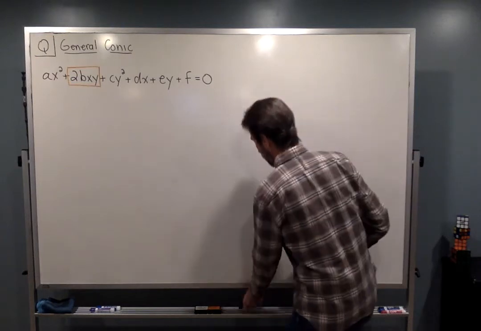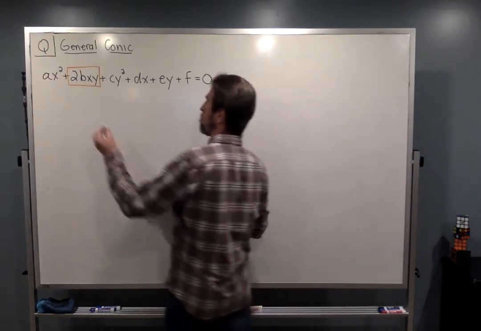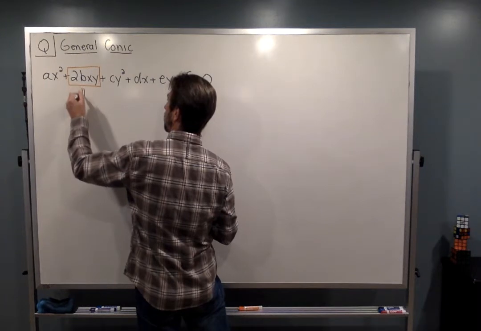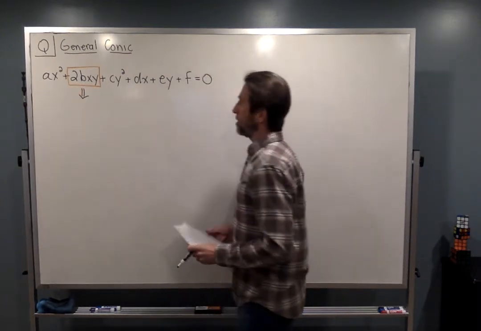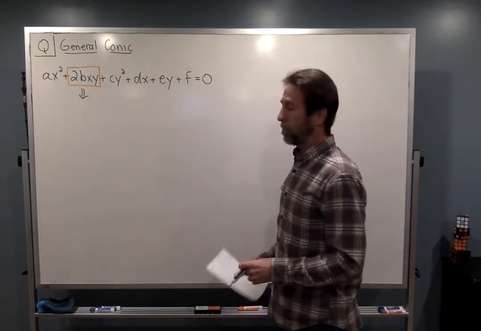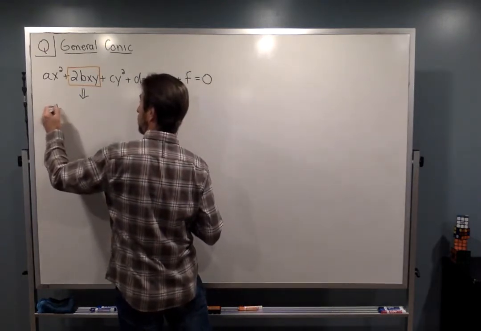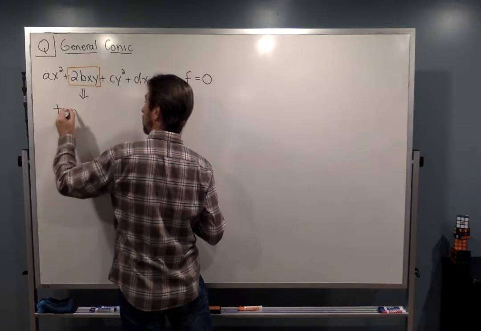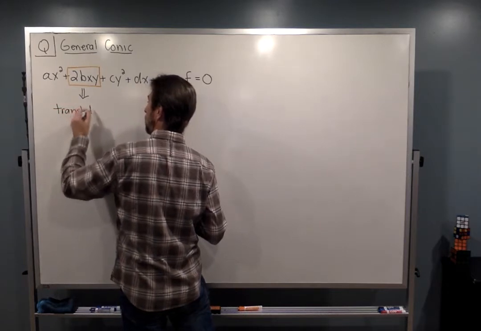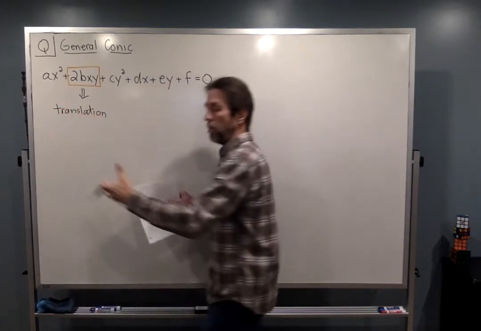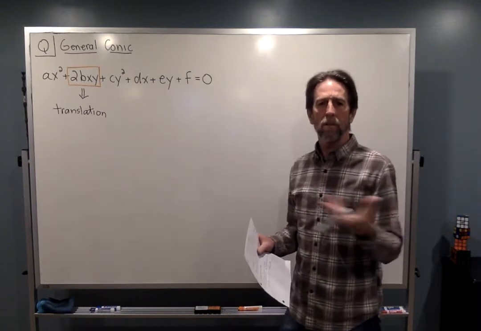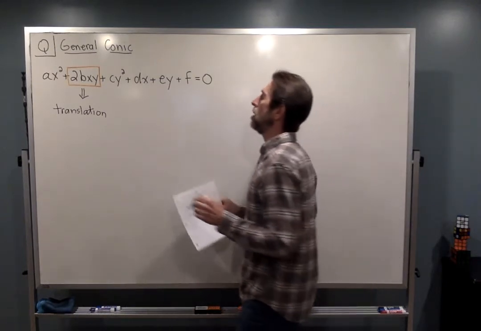What this xy term does is basically tell us that we're going to have a conic, but there's going to be a translation. Maybe, because we can already translate conics up, down, left, and right.